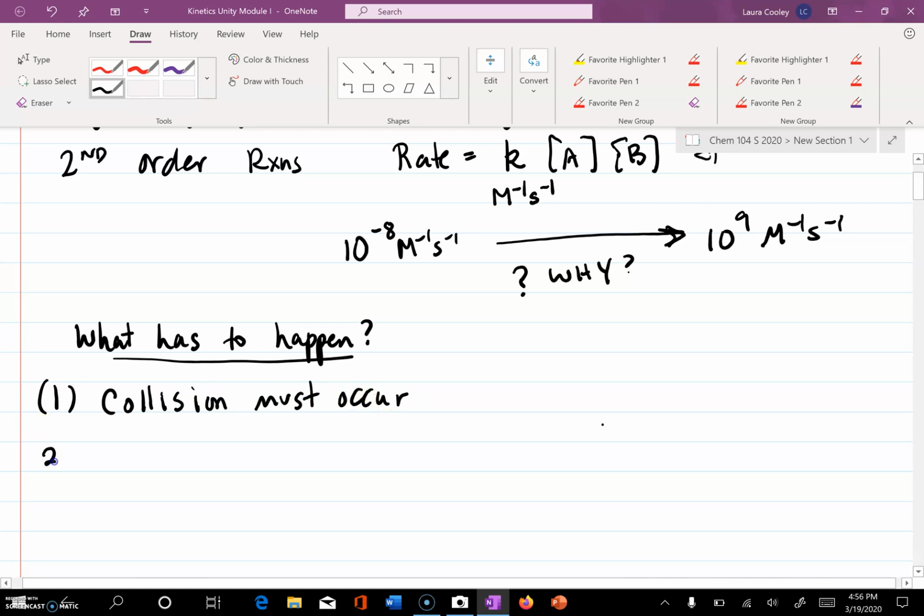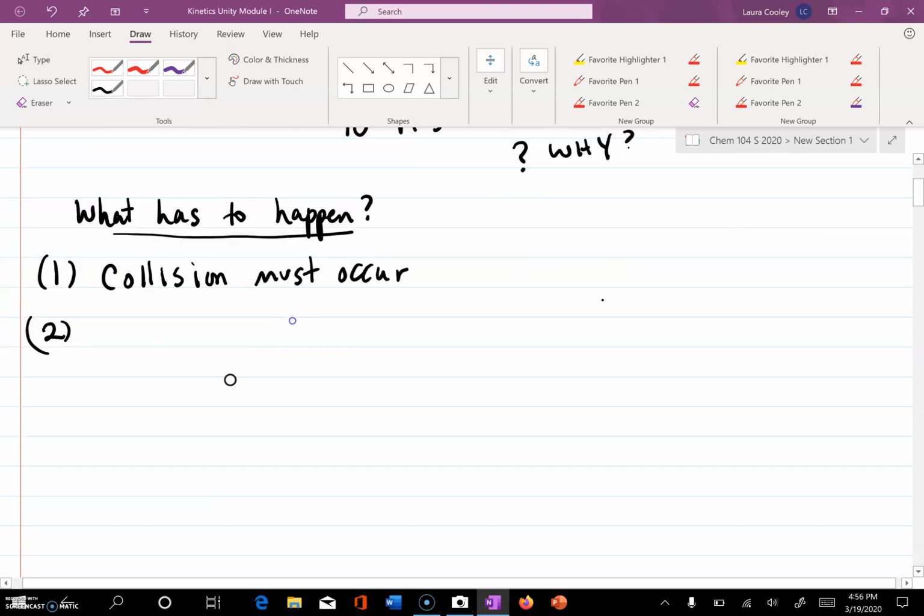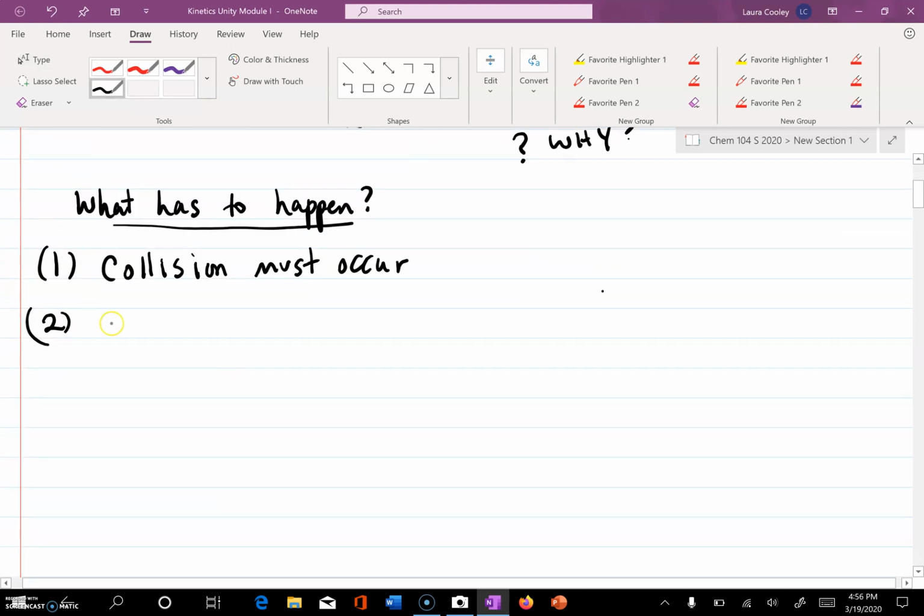But there are a couple of other things that have to be true and have to happen. The second thing is that the collision must have the proper orientation. And I'll go through an example to explain why this is. And the third thing is that even if you have a collision where the two reactants are oriented properly, you still very well might not have a reaction.